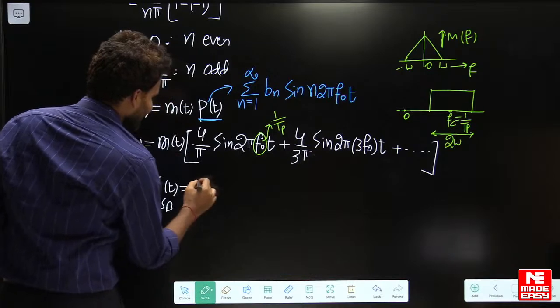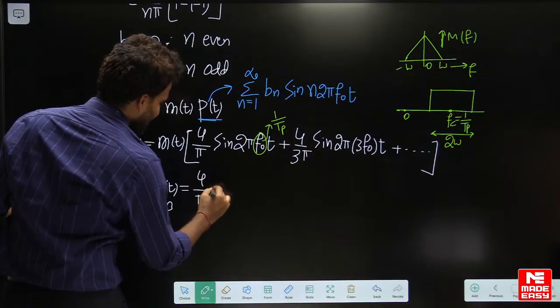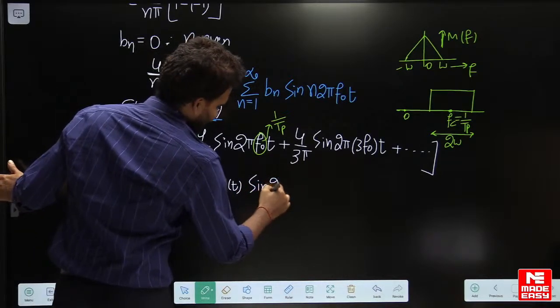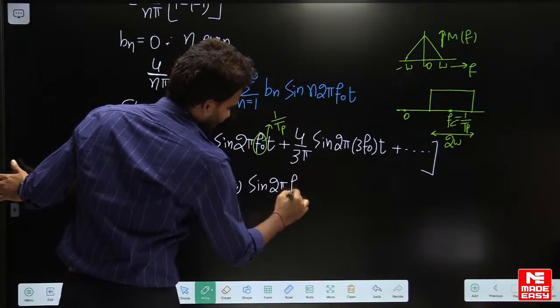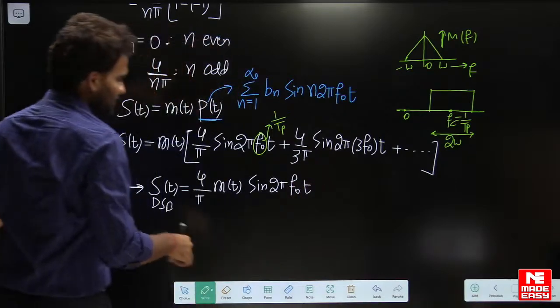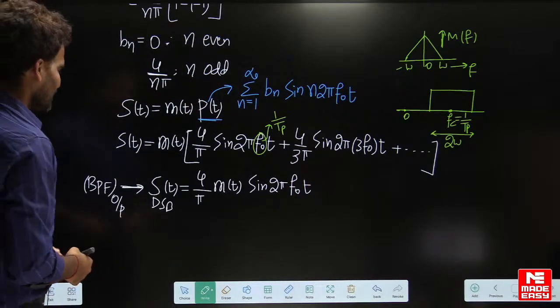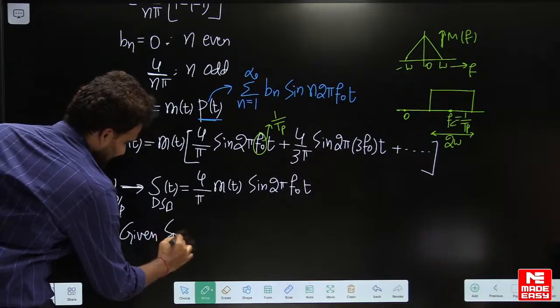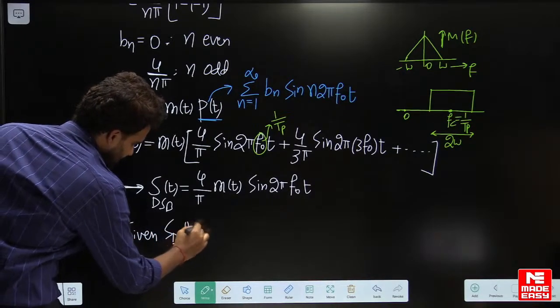So the filter output is 4 by pi m(t) sine 2 pi f naught t. What is the DSB-SC signal given in the question?